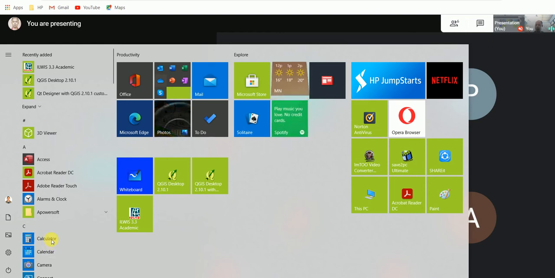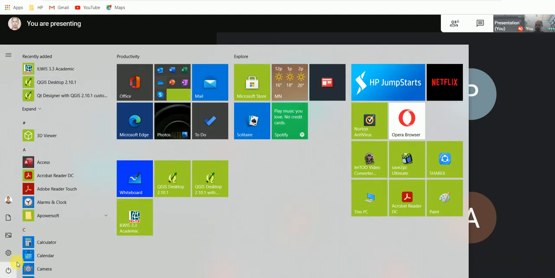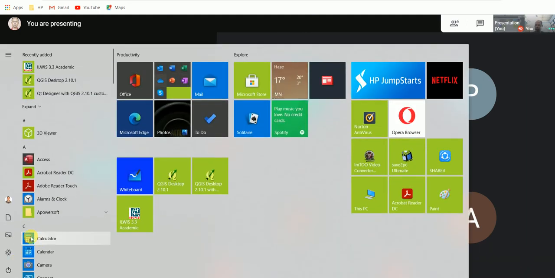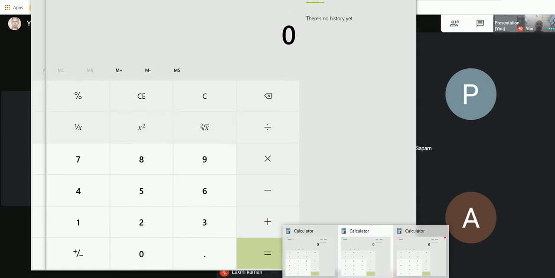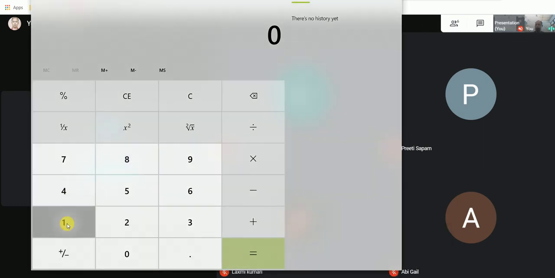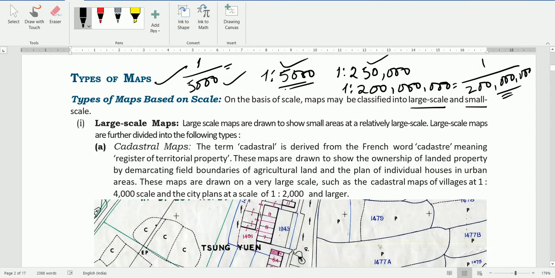Just let us divide 1 divided by 5,000. It is 0.0002.